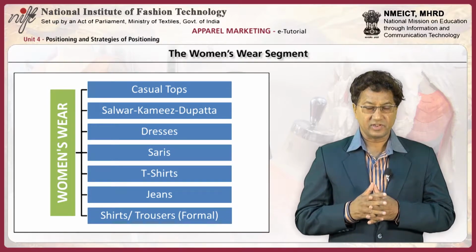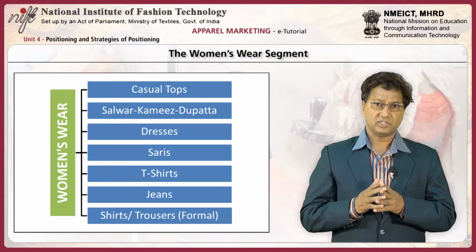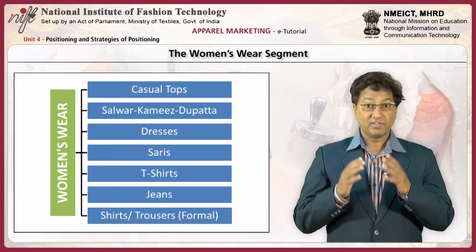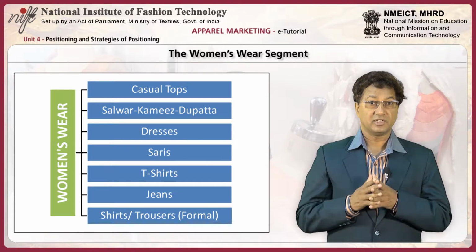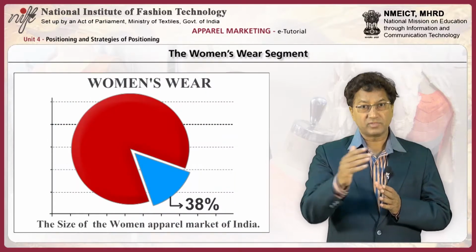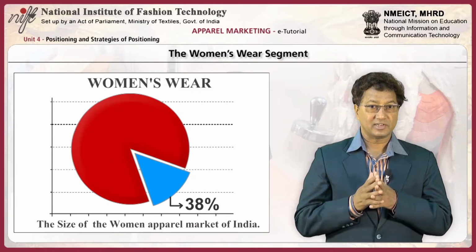The rupees 78,500 crore, that is close to US dollar 14.4 billion worth women's wear market contributes to 38% of the total apparel market of India. The growth of this market is more rapid than the menswear market.